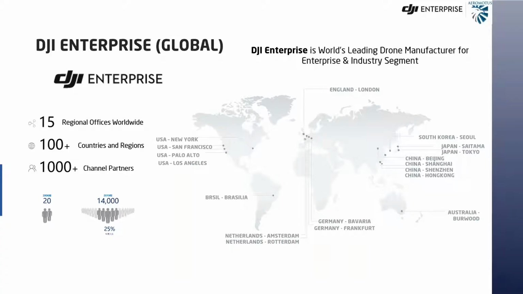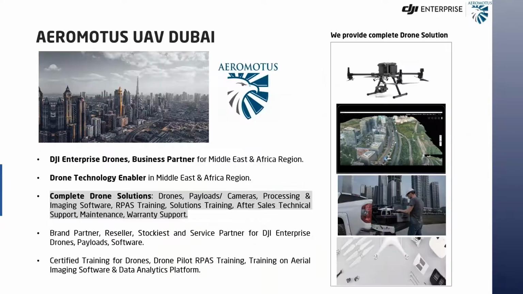DJI, as many of us would know, is the world's leading drone manufacturer for the enterprise and industry segment, with over 15 regional offices worldwide, presence in 100+ countries and regions, and 1,000+ channel partners. We are Aeromotors Dubai.